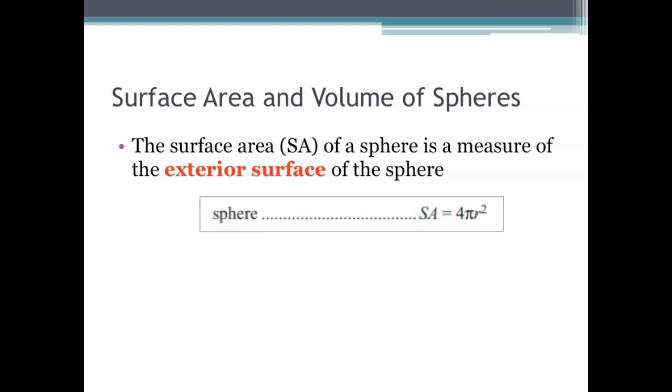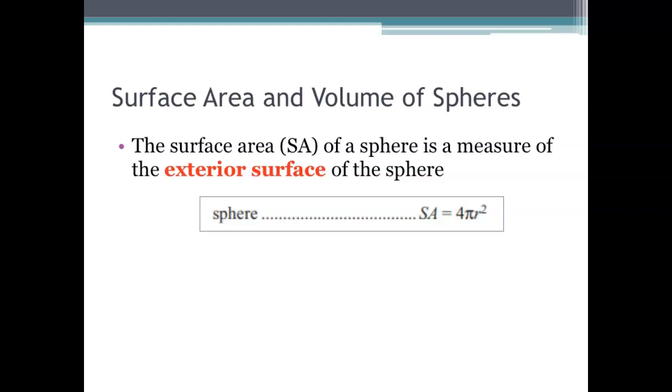That's given by this formula here, 4 pi r squared. R is again the radius. Now in this case, instead of being the radius of a circle, it's the radius of the sphere. The radius of a sphere is given by the distance from the center of the sphere to any point on the sphere.